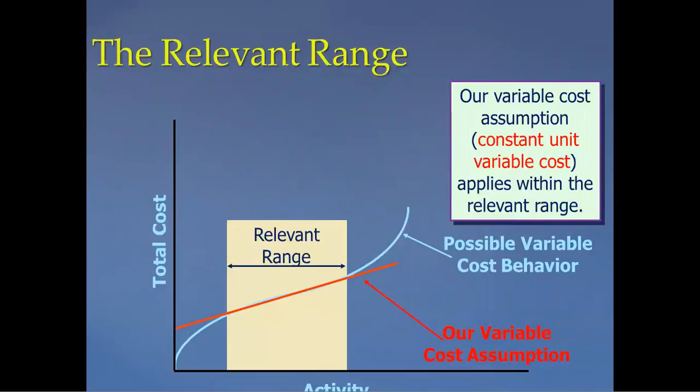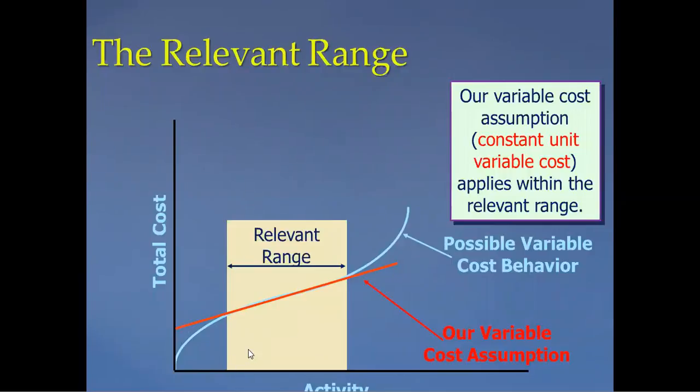That's the fixed cost. And then the variable cost is, as the volume of activity increases, the cost starts to go up. So most companies have what's called mixed cost. Again, that mixed cost has elements of both fixed and variable costs.